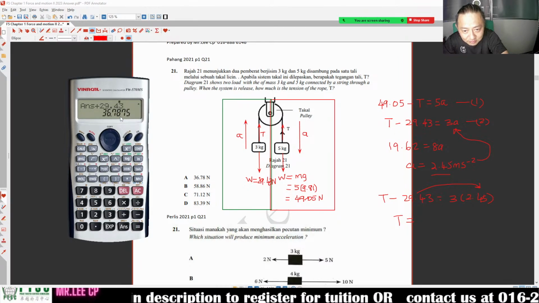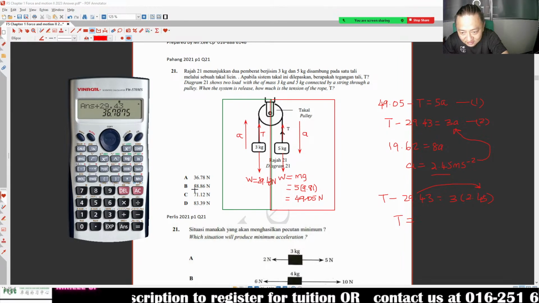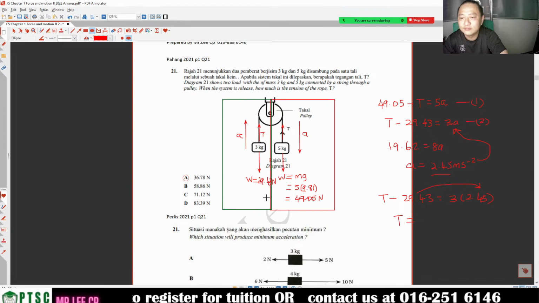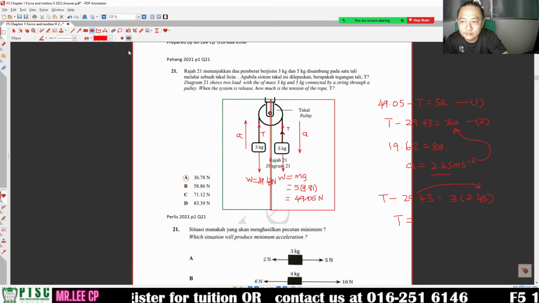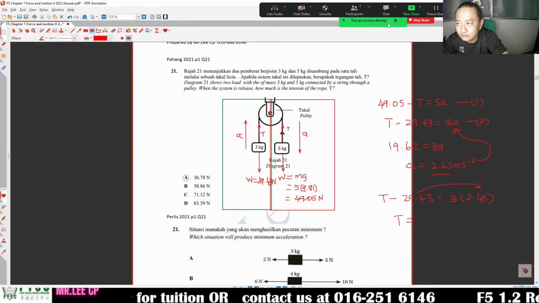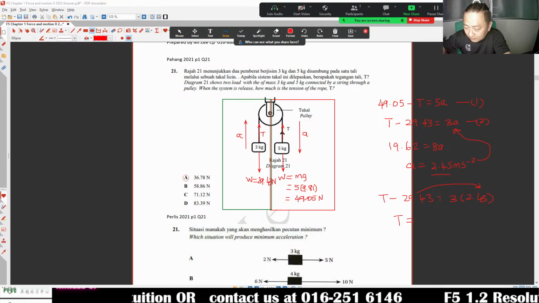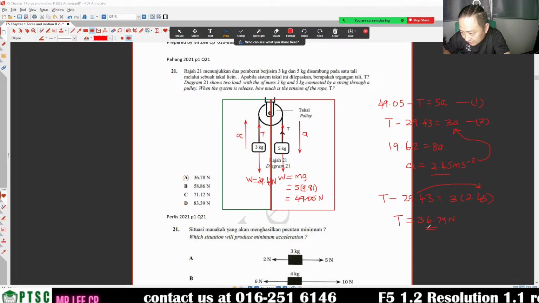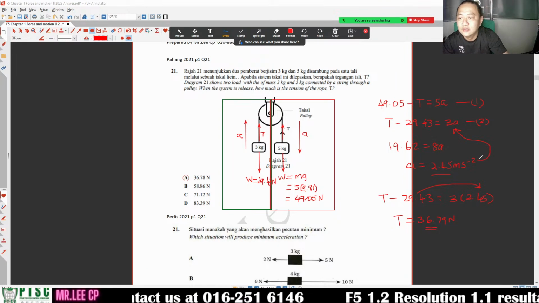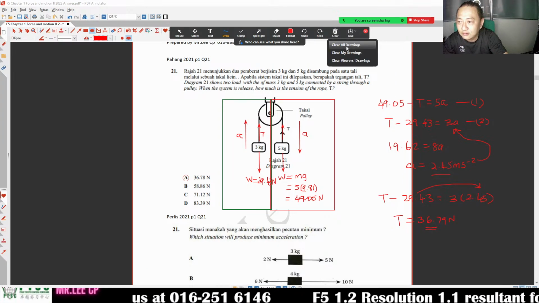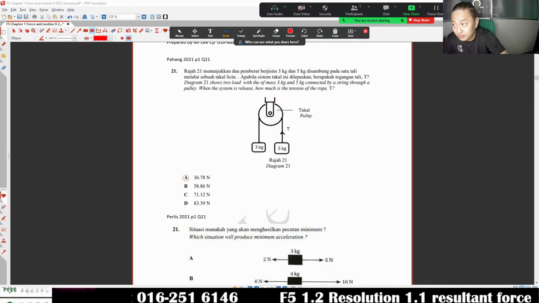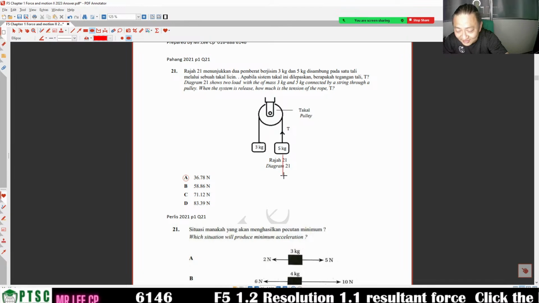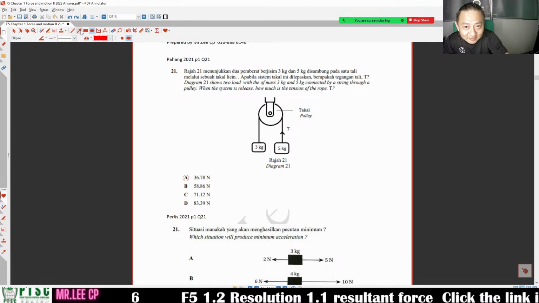You get 36.79. 36.78, okay, this one. 36.79 Newton. Meaning that I need to do it here, if not, I cannot save it.